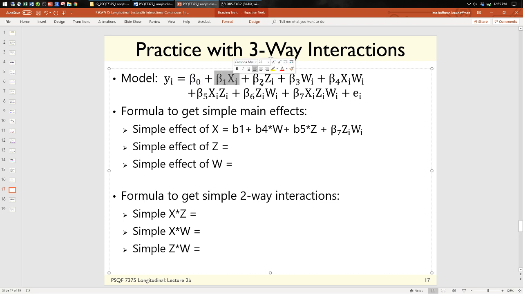No. I need a beta 2, because at a minimum, that's what the slope for z is. What else do I need? Beta 5 times x. Beta 6w. Beta 7xw. Yeah, there we go.